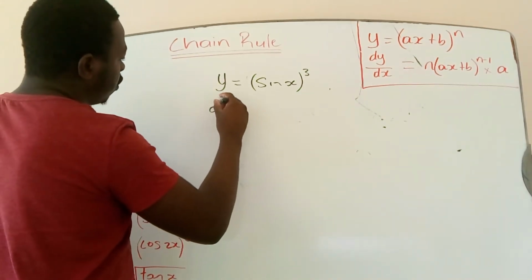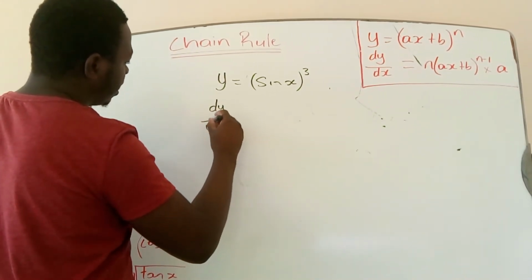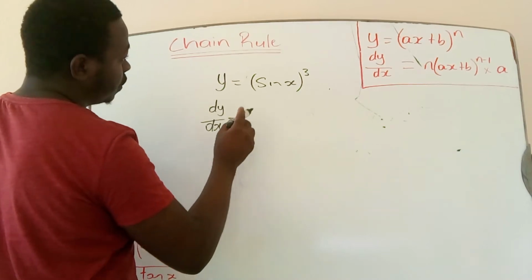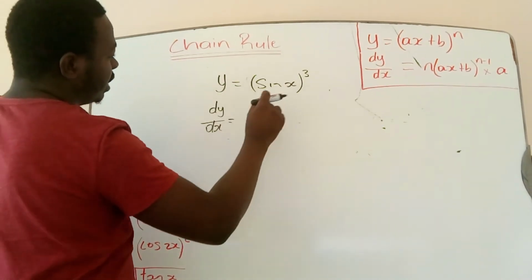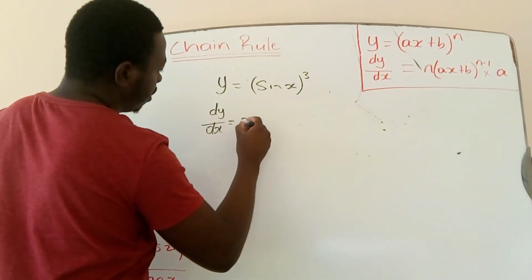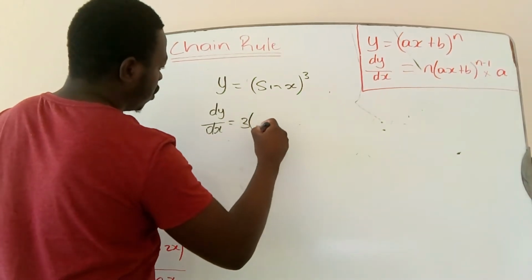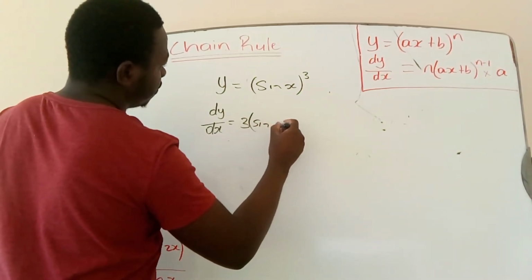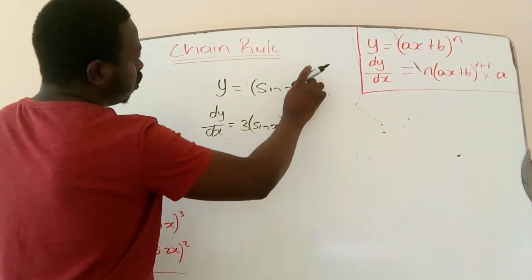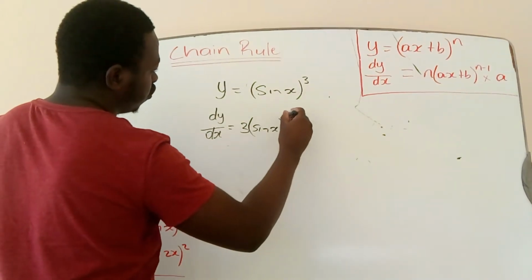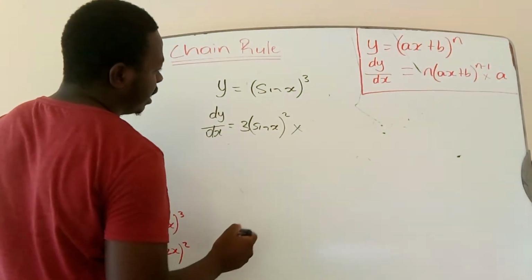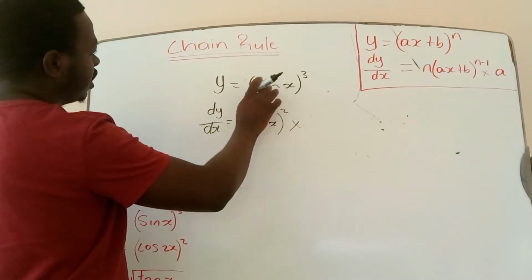Then dy by dx is equal to, take the power to multiply the entire function, which is 3, right? Sine x, subtract 1 from 3, that gives you 2, multiply by the derivative of the inside of the bracket.